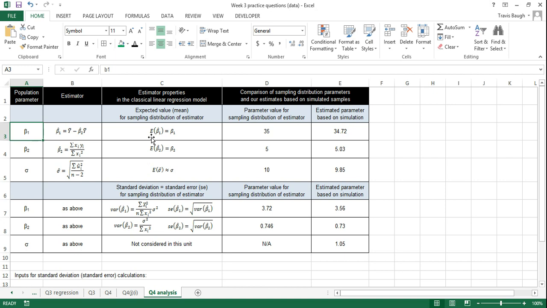if the classical linear regression model assumption holds, then theory tells us that the expected value, so the average value of our estimates, should be equal to the population parameter. Now, thinking back to the model, it had a parameter of 35 for B1, so we expect that the average value of our B1 estimates should be about 35, and in fact the average is very close to that.